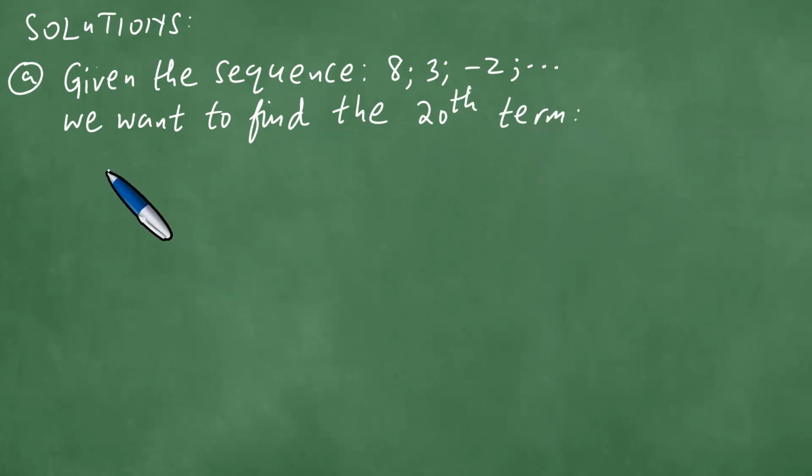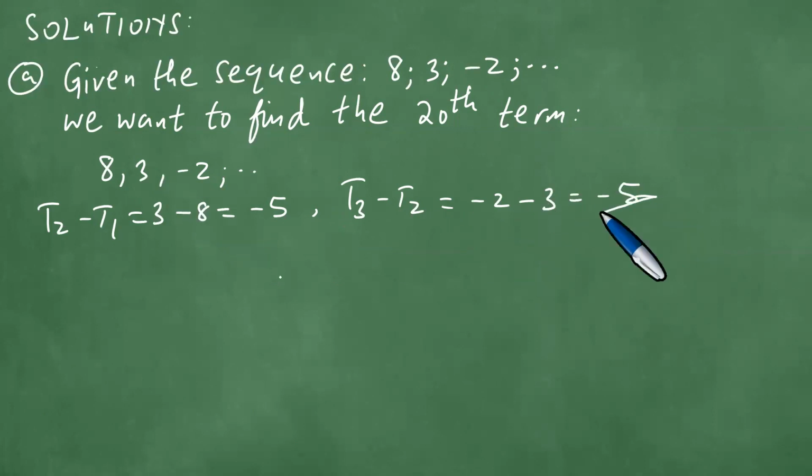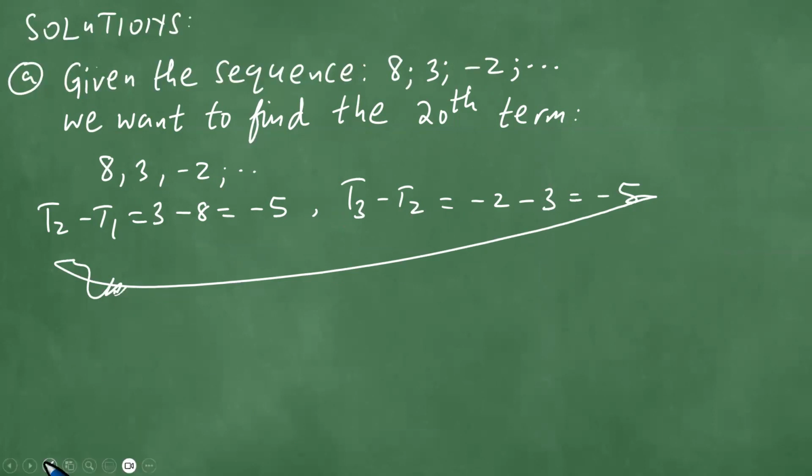How do we do this? So we write 8, 3, minus 2, and so on. And then we write T2 minus T1. What is T2? It's 3 minus 8, which is minus 5. That's T2 minus T1. T3 minus T2. Term 3 is minus 2 minus term 2, which is 3. And the result is minus 5. Okay, so just note that.